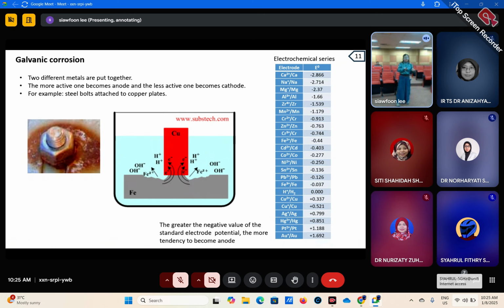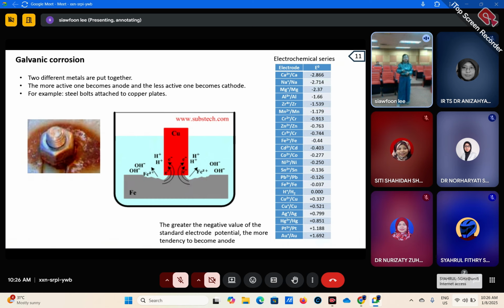So in this case, you need to refer to the table called the electrochemical series. Here they show you different kinds of metal, and which one, when you put them together, dissolves faster than the other. For example, the more negative one gets dissolved easier, because ferrum is here and the copper is down here.